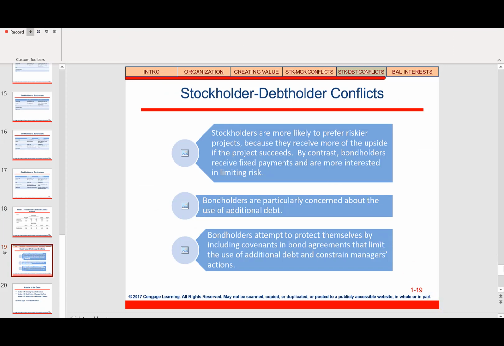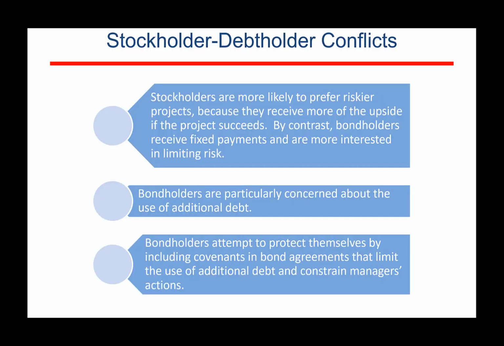So what bondholders would do to protect their interest, when they're writing up their debt agreements or bond agreements, is put conditions that minimize the amount of risk that firms would take on. So basically saying, hey, if you want this loan, then you have to limit yourself.